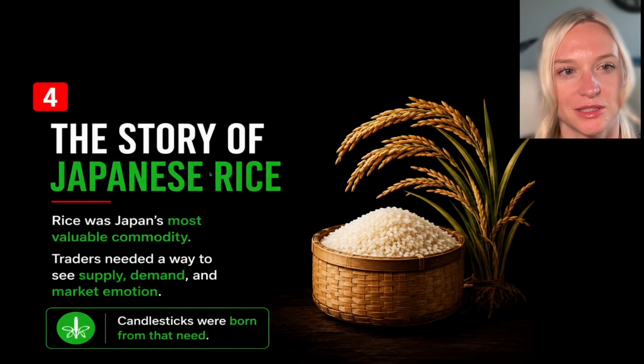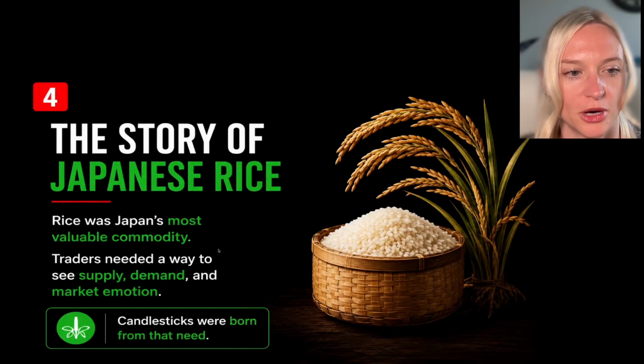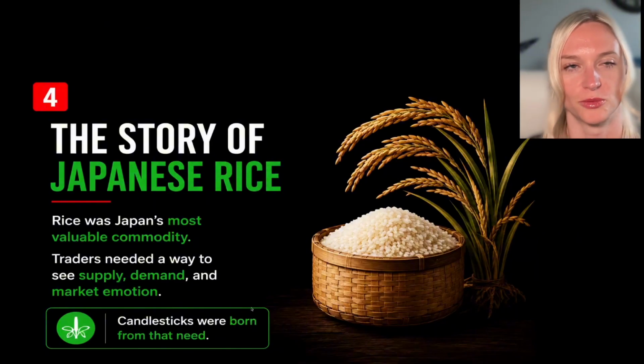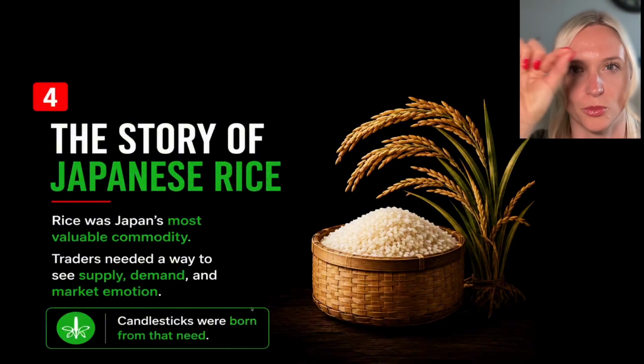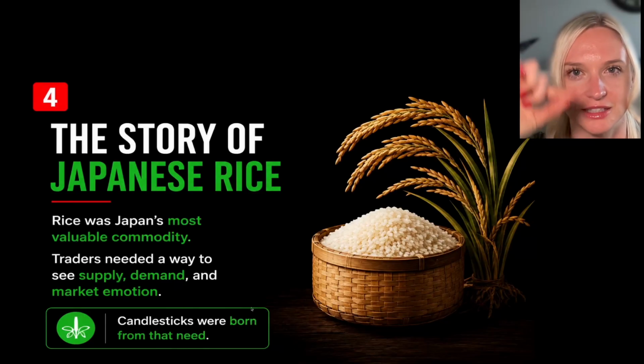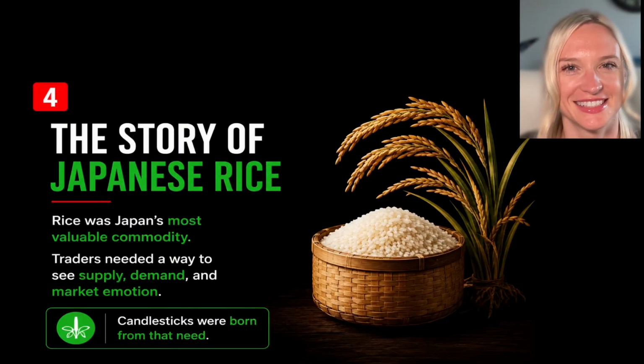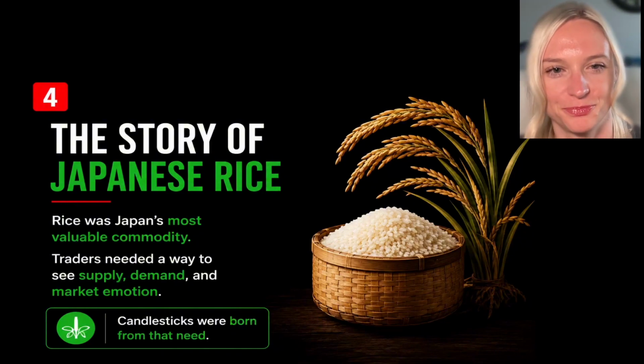That's the story of Japanese rice. Rice was Japan's most valuable commodity. Traders needed a way to see supply, demand, and market emotion. So candlesticks were born from that. On the piece of rice, they would mark it. That's why you see candlesticks with the marks for the open and the close. Isn't that an interesting and cool fact?